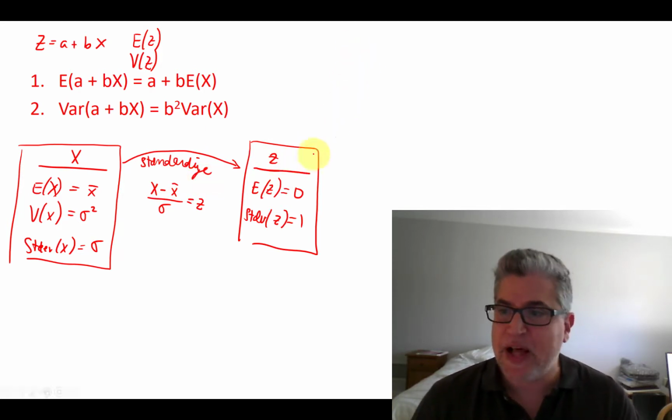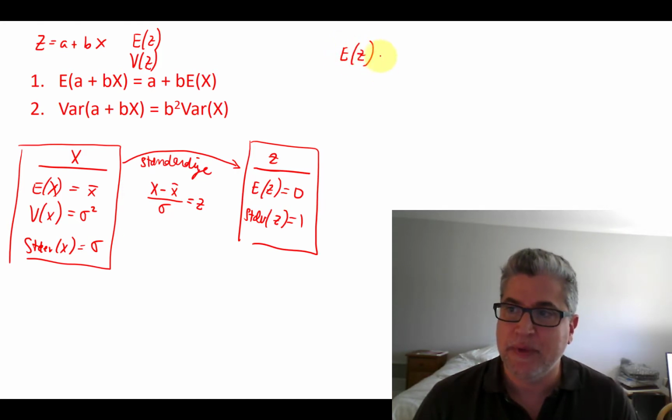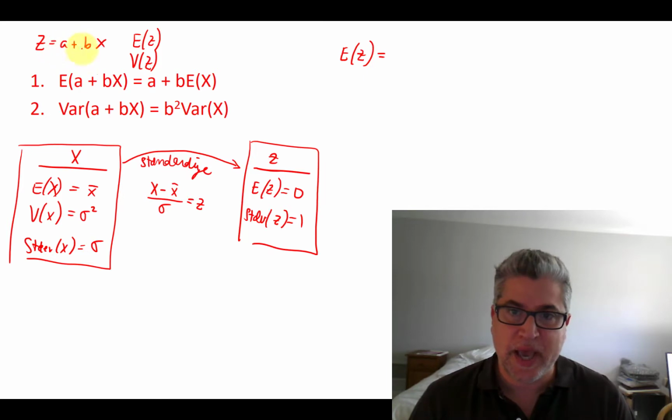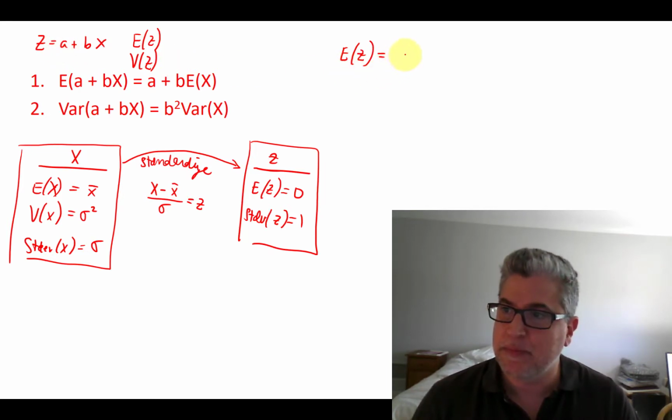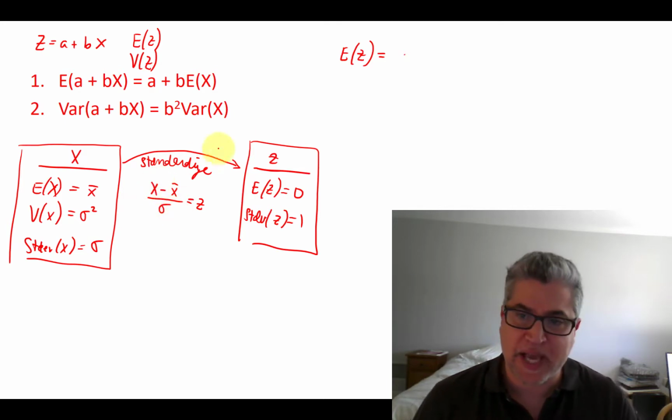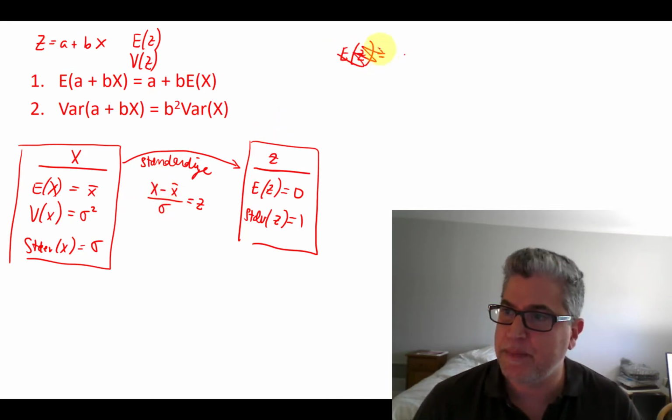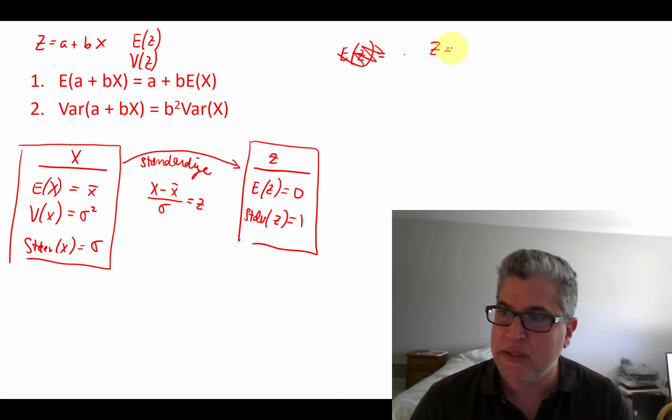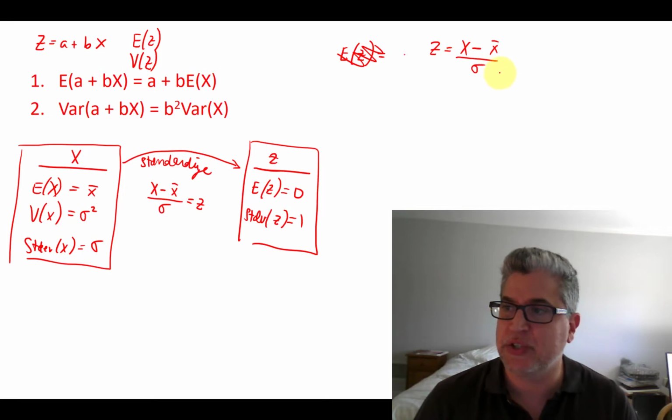What is the expected value of z? Now z is a plus bx, but in this case, I want to point out what exactly z is. In fact, let's start there. z was x minus the mean, and then divided by the standard deviation.